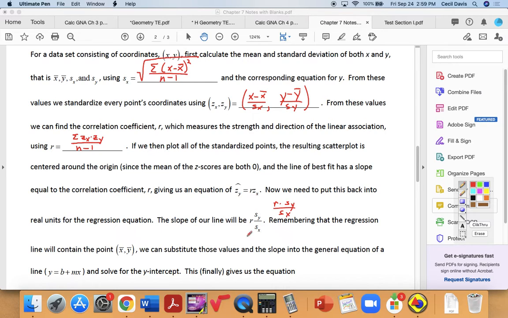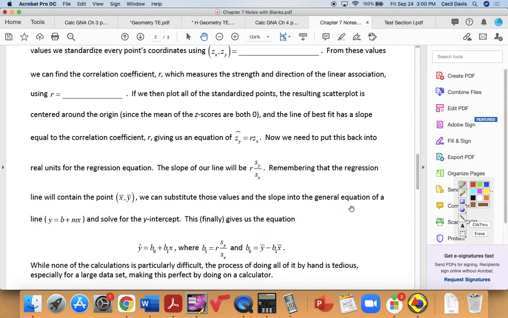So remembering that the regression line will contain the point x bar, y bar, we can substitute those values and the slope into the general equation of a line, y equals b plus mx, and they do it b plus mx instead of mx plus b, and solve for the y-intercept. In the end, that's going to give you this equation.